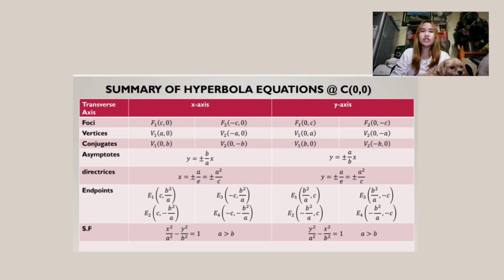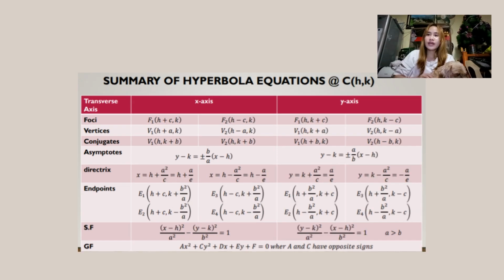Before that, eto muna yung mga summary of hyperbola equation at center 0, 0. Ito yung pagbabasehan natin kung saan yung transversal axis niya, yung foci, vertices, conjugate, asymptotes, the directrices, endpoints, SF.